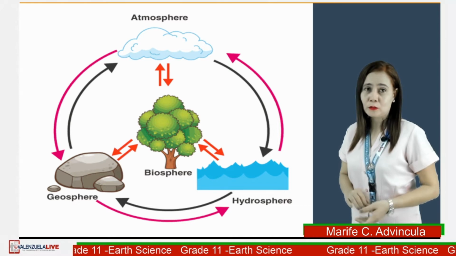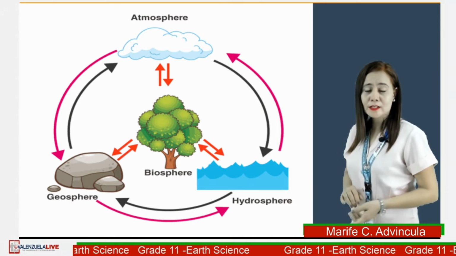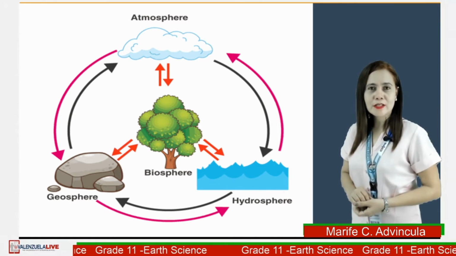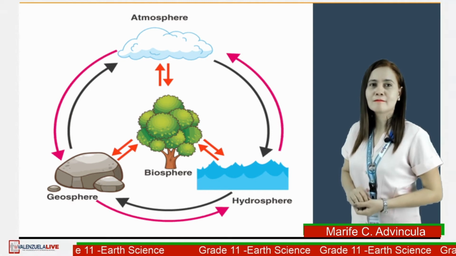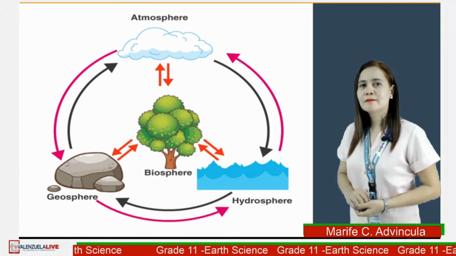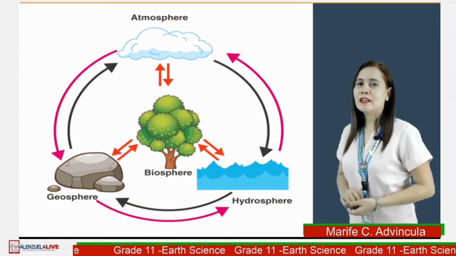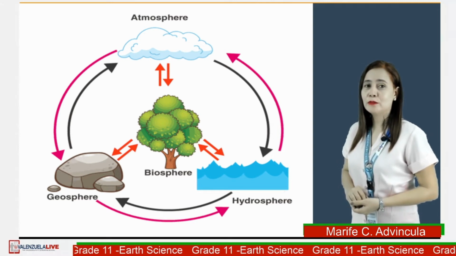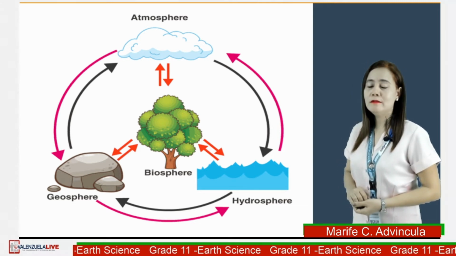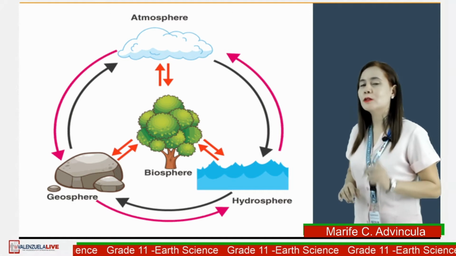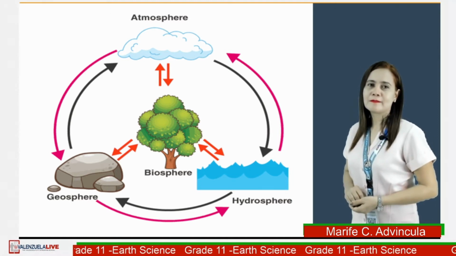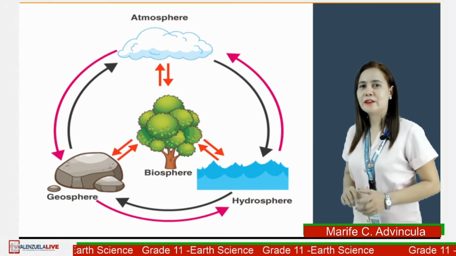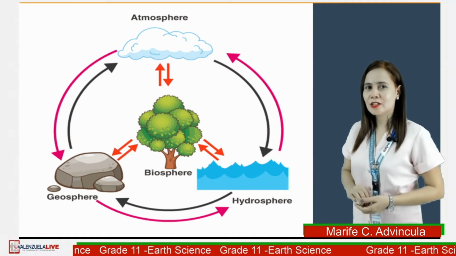Okay, that one comment is correct. Let's look for another answer from the comments. Okay, this is one. It says here, the oxygen from the atmosphere will be used by the animals for respiration. That is also a very good answer. Thank you for sharing your answers in the comment section.